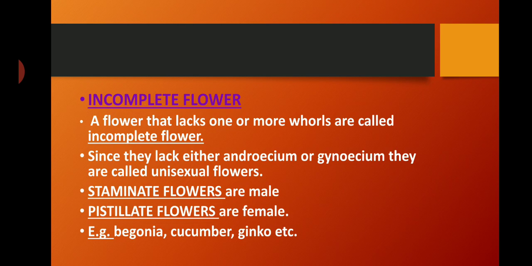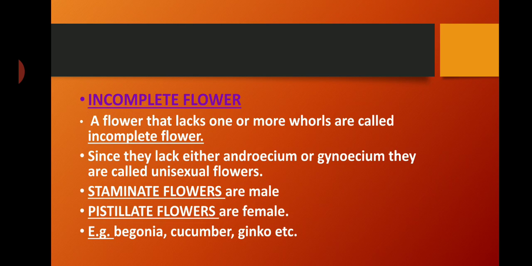Since they lack either androecium or gynoecium, they are called unisexual flowers. In this type of incomplete flower, either they will have androecium and gynoecium will be absent, or they will have gynoecium where androecium will be absent. Only one kind of sex will be present in the flower. That is why they are called unisexual flowers.